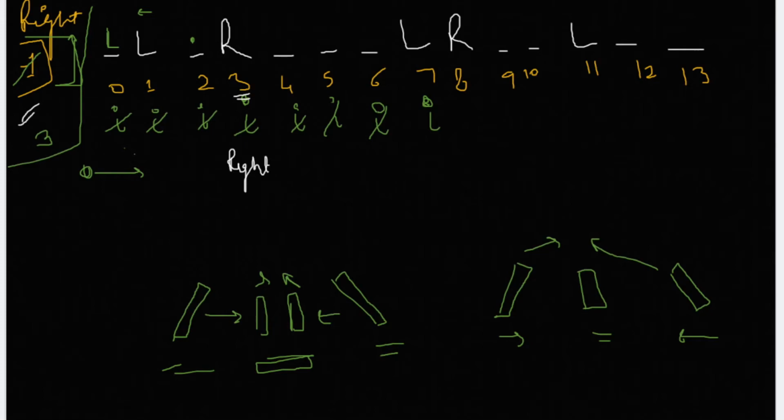So now I see that I have the same condition. At a previous location I have a domino that is being pushed towards right, and currently I came across a domino that is being pushed towards left.